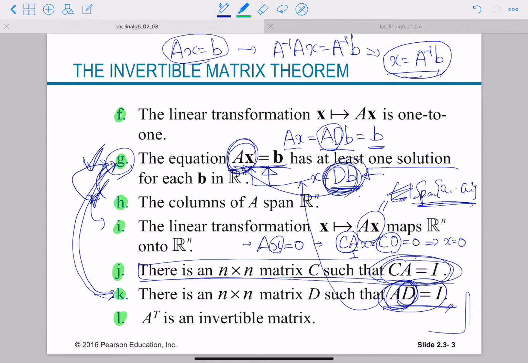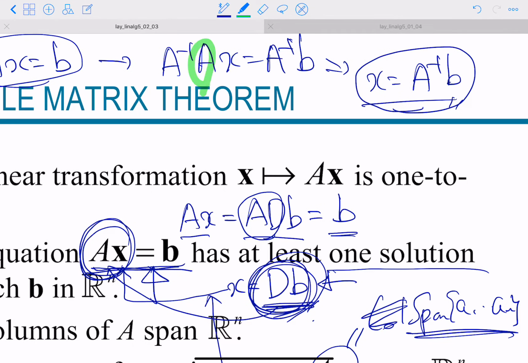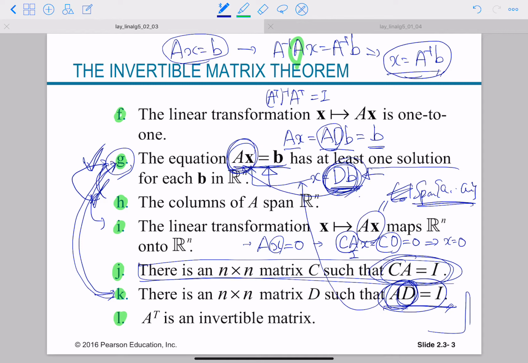We can do the same proof by starting with A transpose times its inverse being the identity matrix, then applying the transposition on this equation, and we can obtain the inverse of A. Okay, any questions about this theorem?